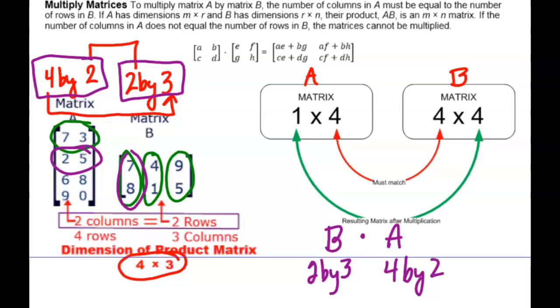Can I do that? Do you remember what we just went through? These middle ones have to be the same. So are these the same? No. So B times A is not possible, or they would, I think, have you write undefined. So multiplication of matrices is not commutative. Do you remember that word ever from algebra? It meant you could do it in any order. Commutative property. Okay, so it's not commutative.